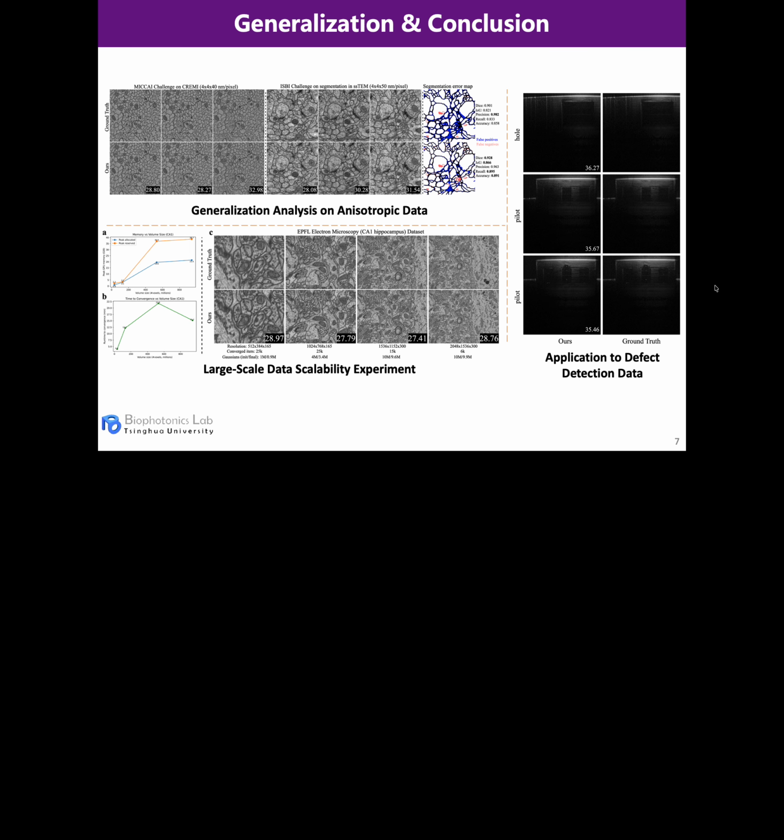We further test GaussianPile on highly anisotropic electron microscopy data, near billion-voxel volumes, and industrial micro-CT and OCT data. These results show that the method is not limited to a single biomedical modality. It generalizes to diverse slice-based volumetric data while preserving task-relevant internal structures.